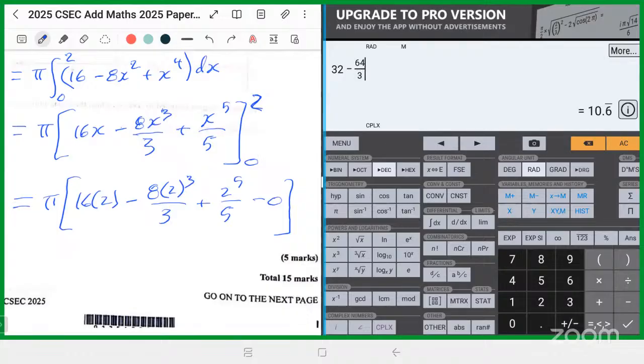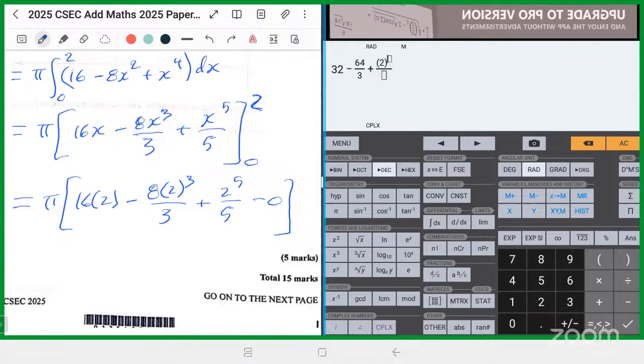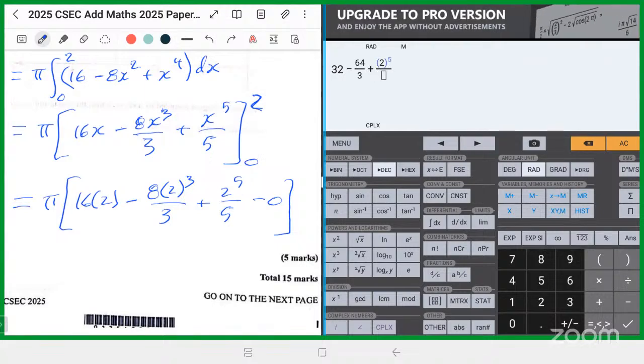And then we're adding 2 to the 5th power. Do the fraction first, then put 2 to the 5th power over 5.